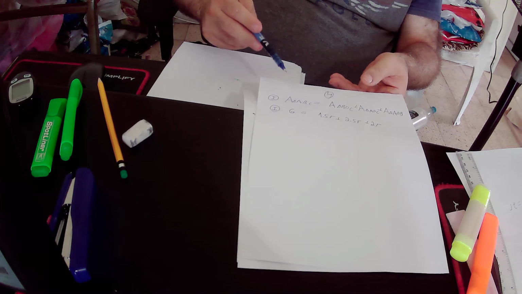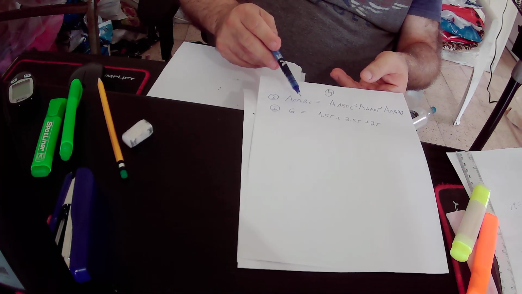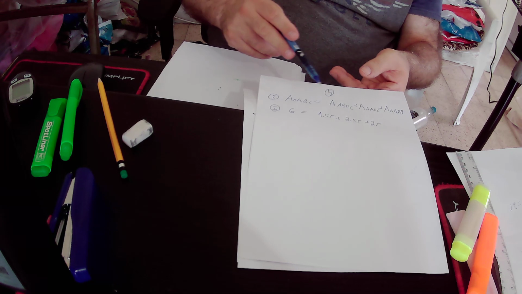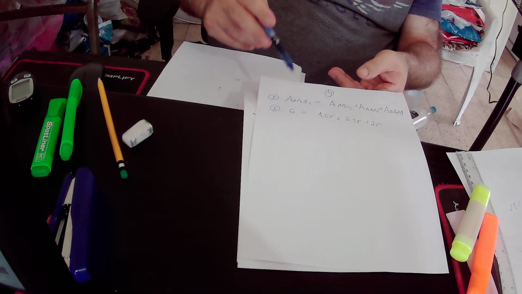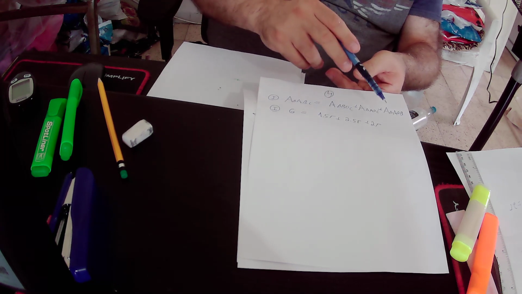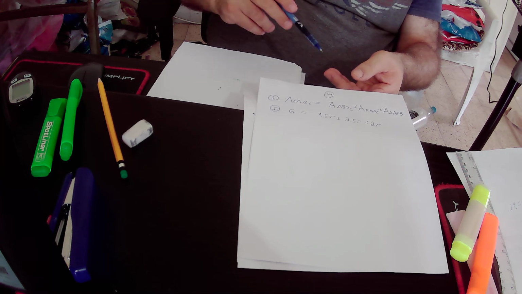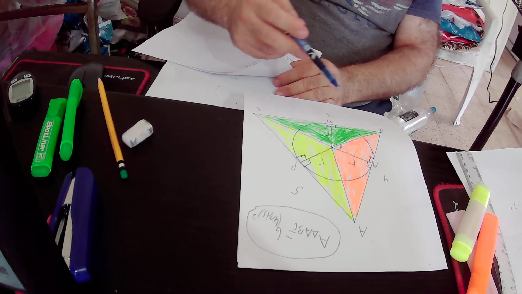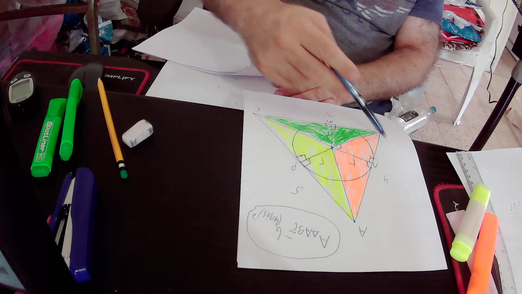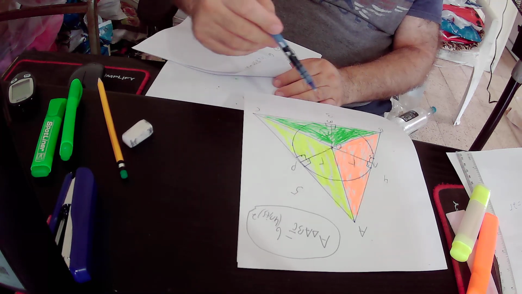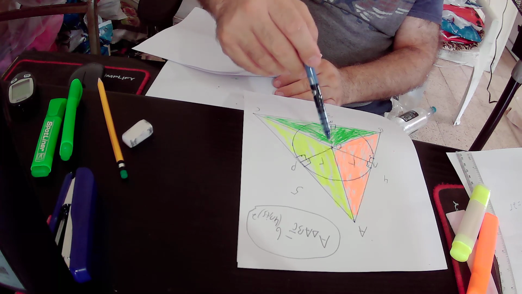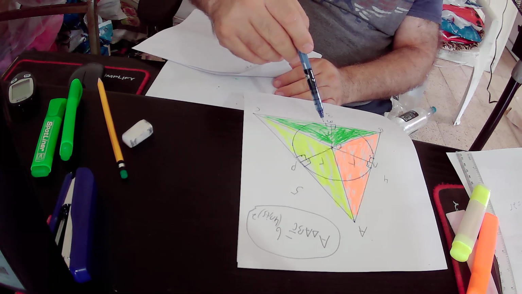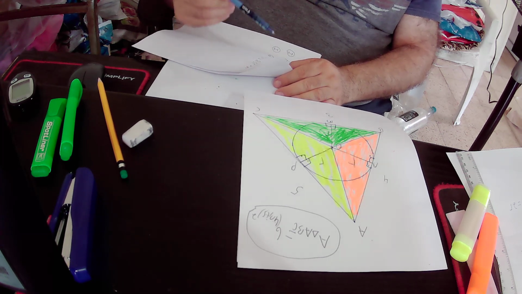So in total, the area of the big triangle ABC equals the sum of the areas of the green triangle plus the yellow triangle plus the orange triangle. If you can see from the picture, the area of triangle ABC equals the sum of the areas of the yellow triangle plus the green triangle plus the orange triangle.